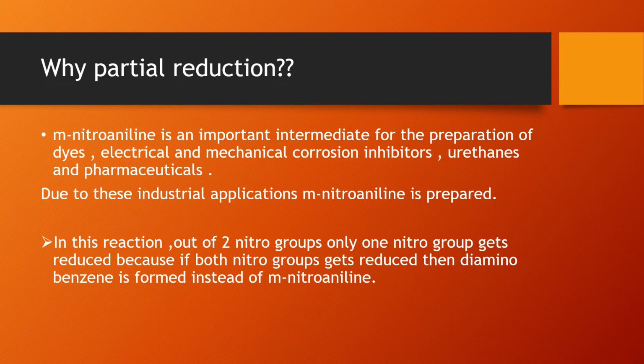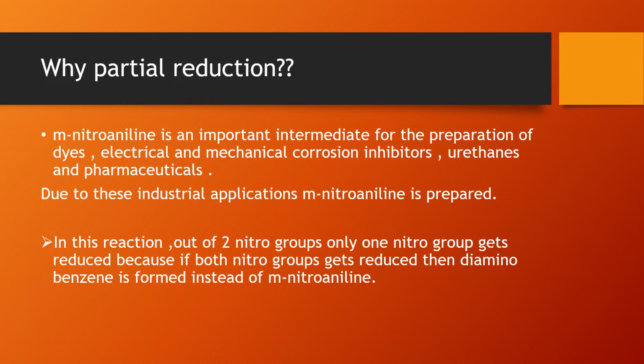Now, the question arises, why partial reduction? Meta-nitroaniline is an important intermediate for the preparation of dyes, electrical and mechanical corrosion inhibitors, urethanes, and pharmaceuticals. Due to these industrial applications, meta-nitroaniline is prepared.